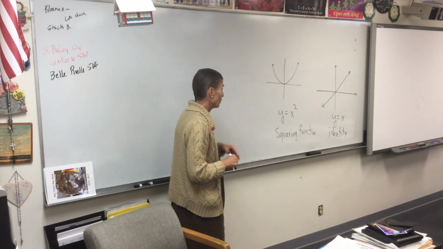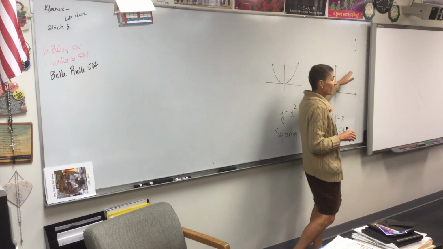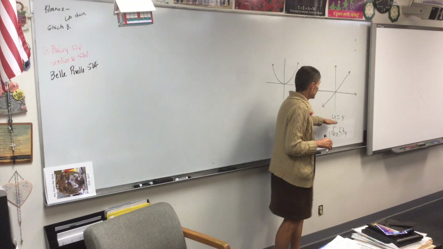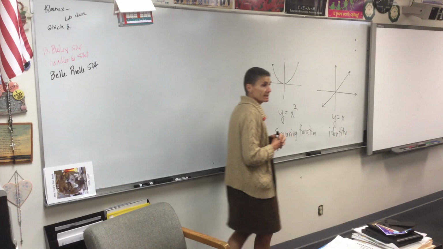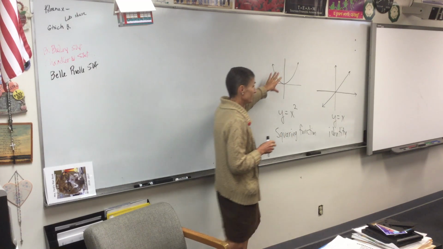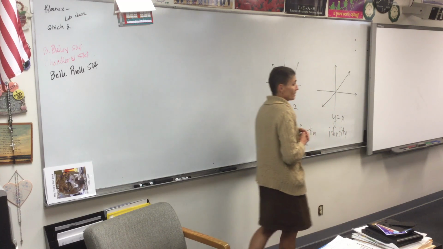But feel free to if you want. It is the identity function. So you've got this diagonal line drawn. The equation is y equals x, and the name of it is the identity. And remember, we're putting the picture on one side and the name and the equation on the other side.